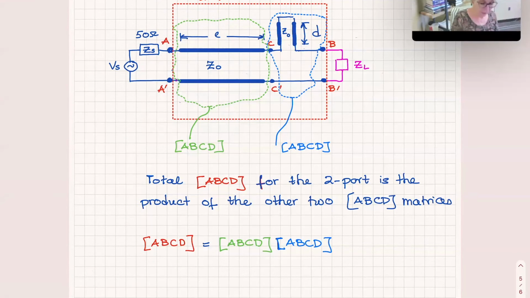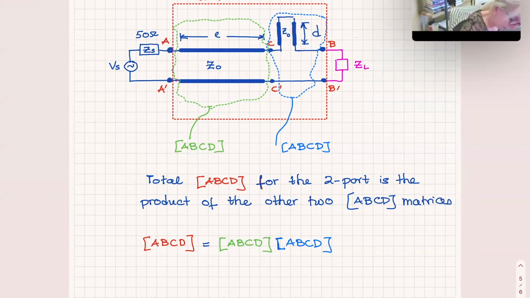So practically, if I find the green ABCD and the light blue ABCD, then the product of the two will give me the red ABCD, which is the ABCD matrix for the total two-port network.